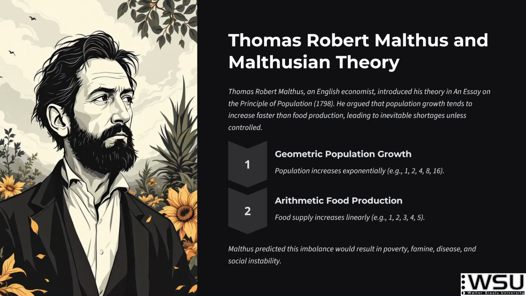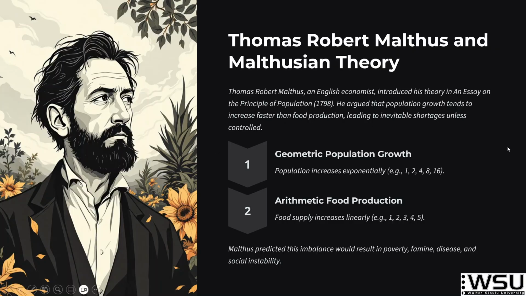So Malthus predicted that this imbalance would result in things like poverty, famine, disease, and social instability. That if we're going to have more people growing, then we're causing poverty. If we're going to have people having more babies, we're causing famine, we're causing diseases, and we're causing social instability.